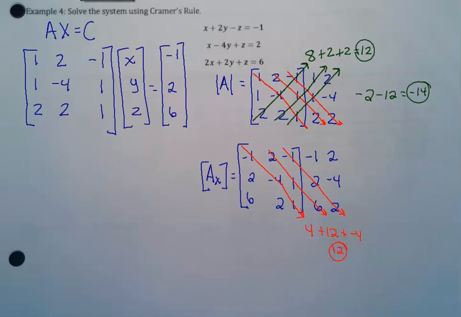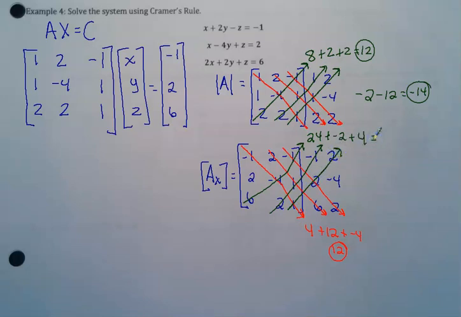Let's do our minor diagonals. 6 times -4 is -24, times 1 is +24. 2 times 1 is 2, times -1 is -2, so we're adding -2. And 1 times 2 is 2, times 2 is 4.